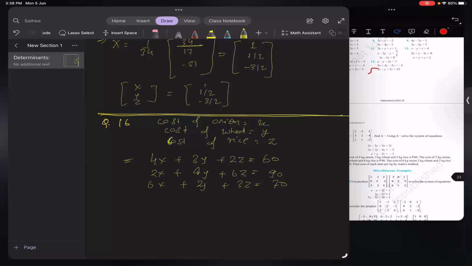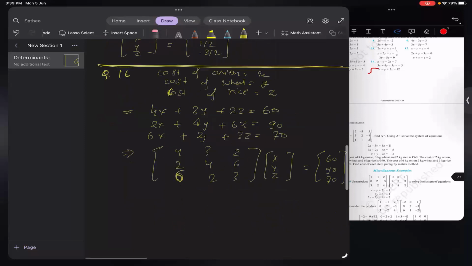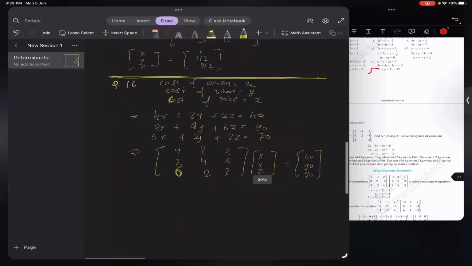Okay. So you have to solve this equation, and of course, firstly you have to check the condition of the determinant. So we can make the matrix quickly. Let's say this is 4 2 6, and this is 3 4 2, and this is 2 6 3, and this is x y z, and this is equal to, okay, so you are given this. Okay.